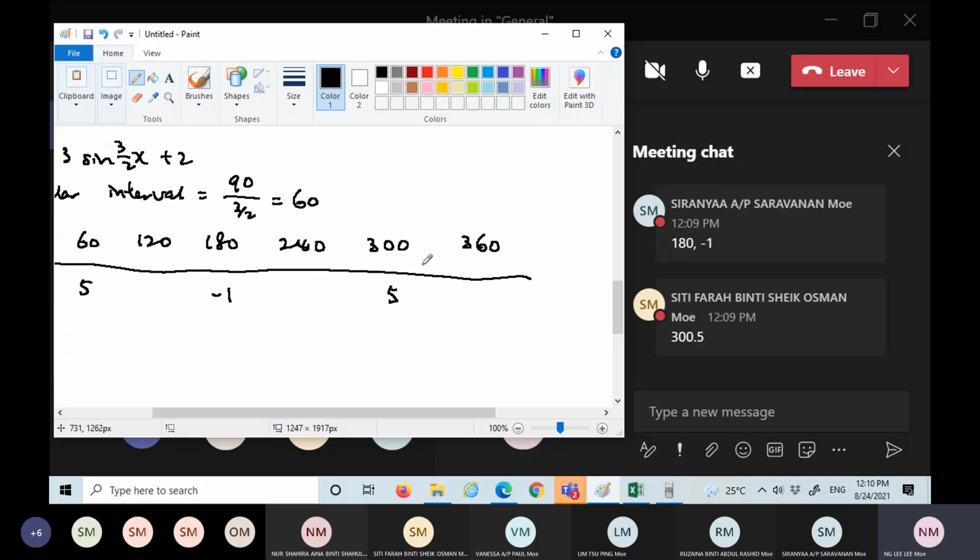I think something is wrong. Serene do 120. Sirania do this. Siti Farah should do 240. Sophia doing for 300 is 5.